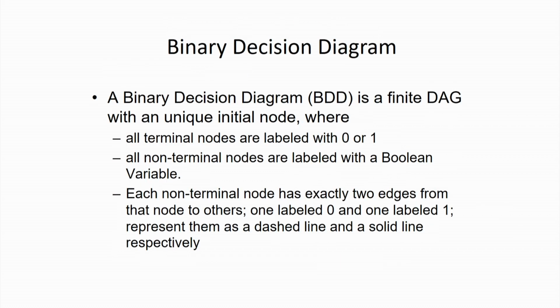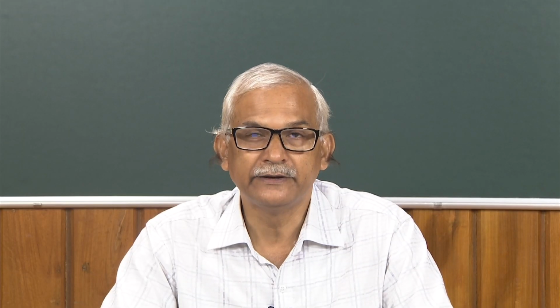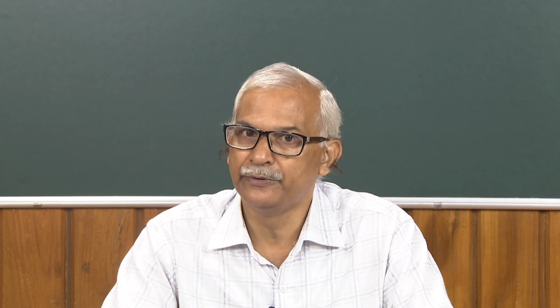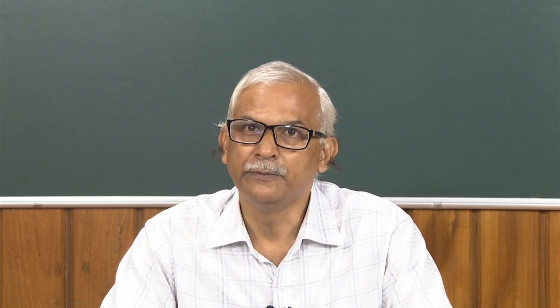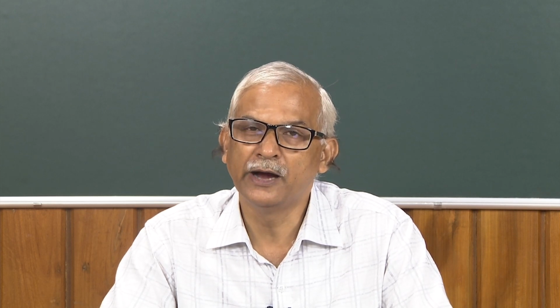Now, from BDT, we can talk about the binary decision diagram. It is similar to BDT, except that BDT is a tree, but BDD is a graph, a directed acyclic graph, and other notions are similar. We have terminal nodes and non-terminal nodes. Terminal nodes are marked with the functional value 0 or 1.